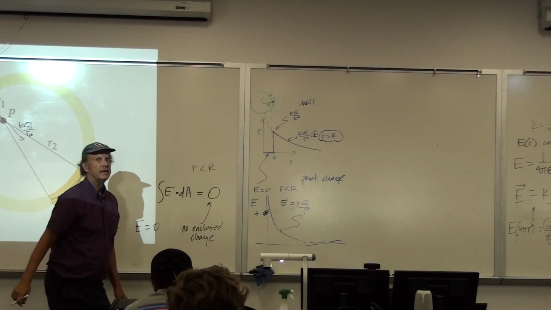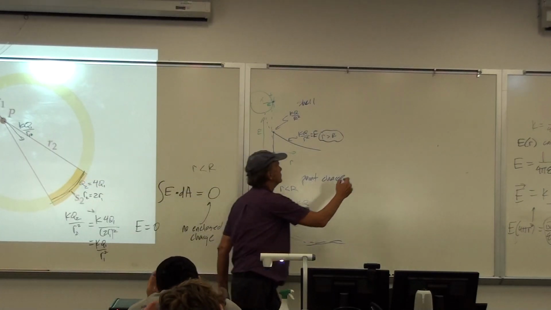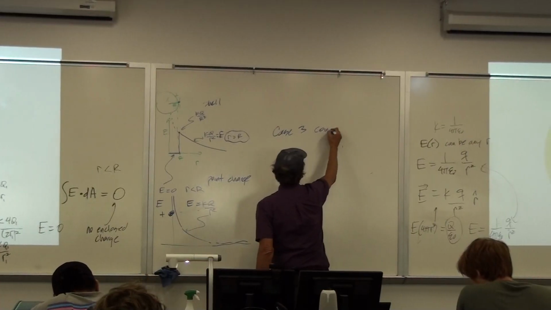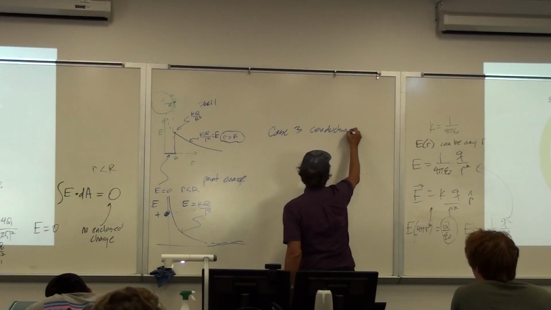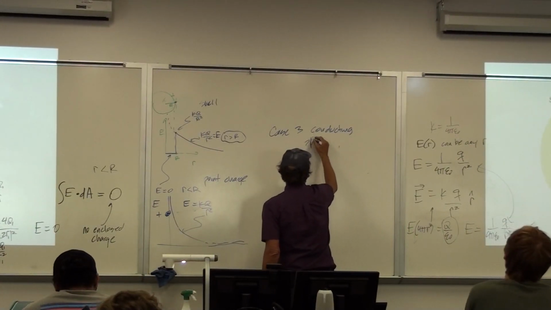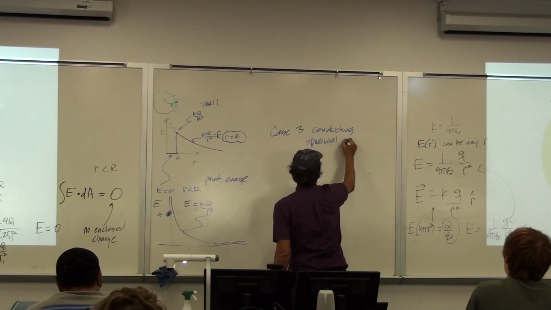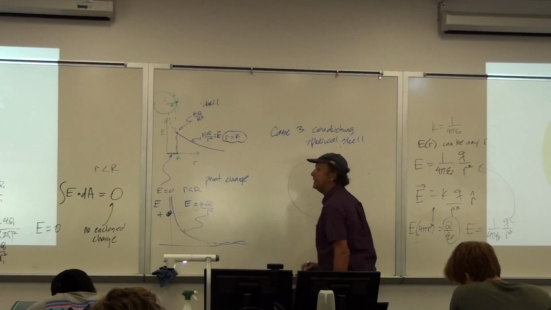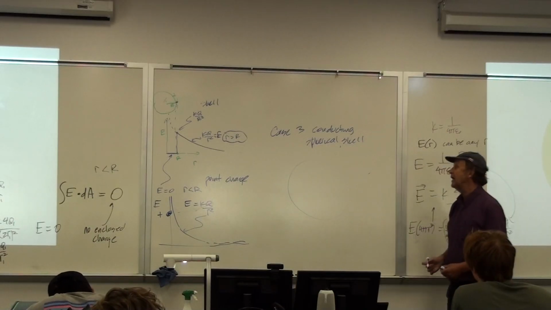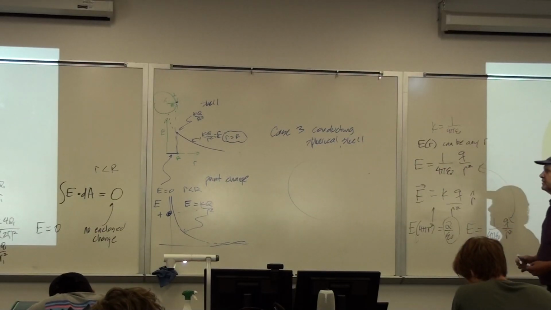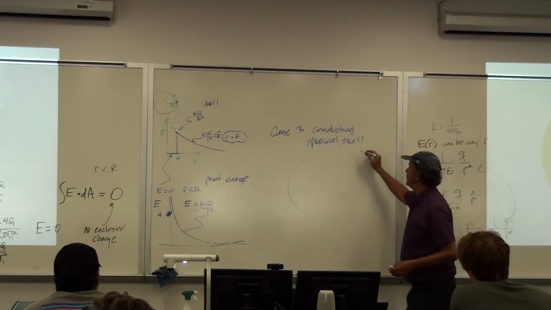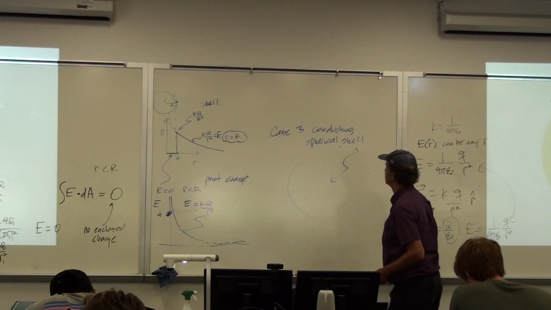Next, let's look at a conducting shell. And for this problem, I'm going to make it negative. I've been making everything positive up to this point, but it's a little easier to visualize what's happening if I make it negative. So this is a conducting spherical shell.